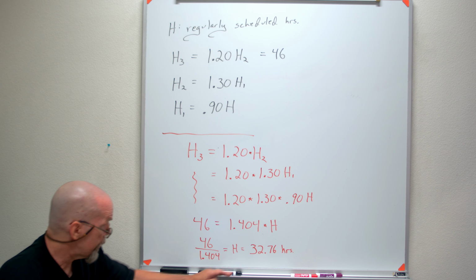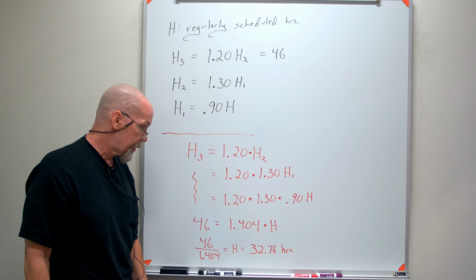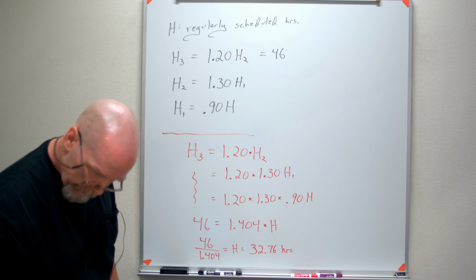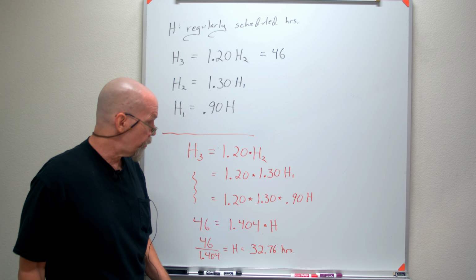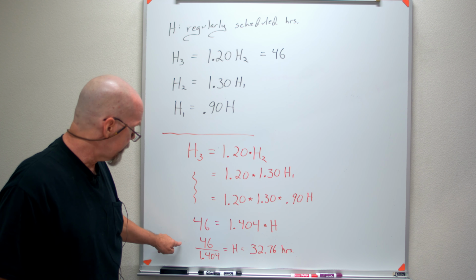And that is how many hours she was scheduled to work. 32.76 rounds to 33, which I believe was answer B, and that's what it is. So that was question number 1 in your assessment test.